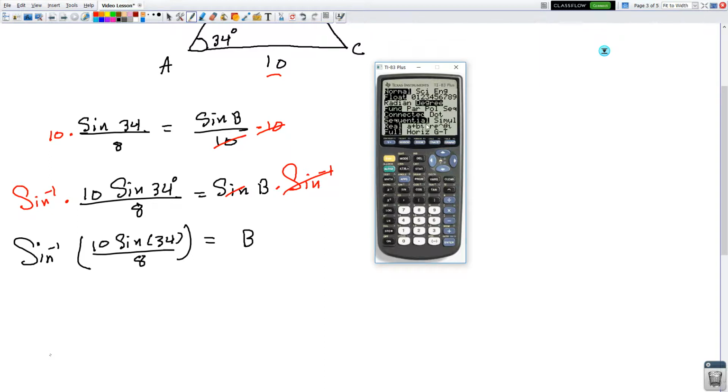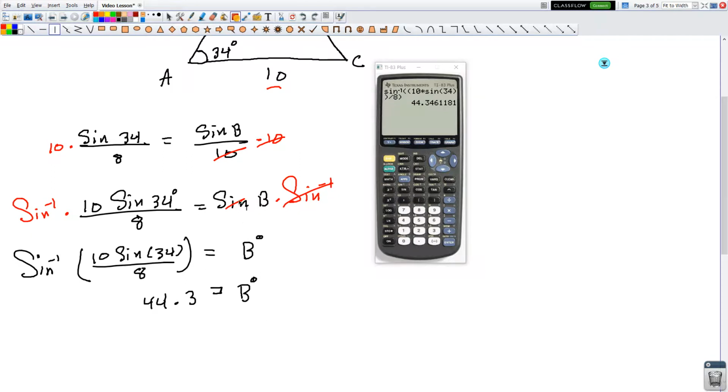Let's make sure that our calculator is in degree mode. All right, perfect. So now, in here, we have that angle B is equal to 44.3 degrees.